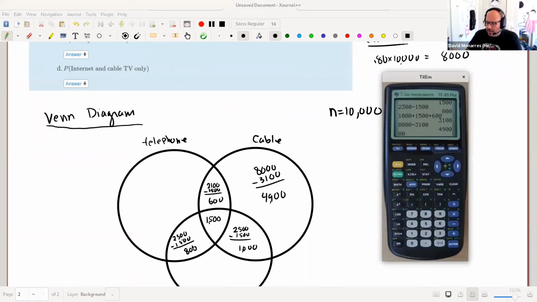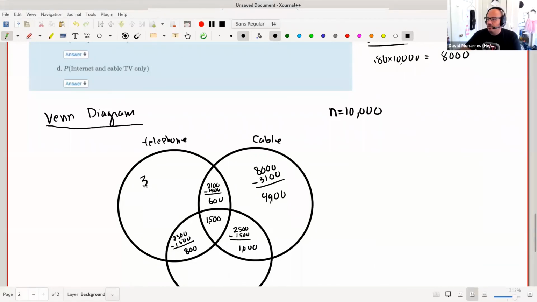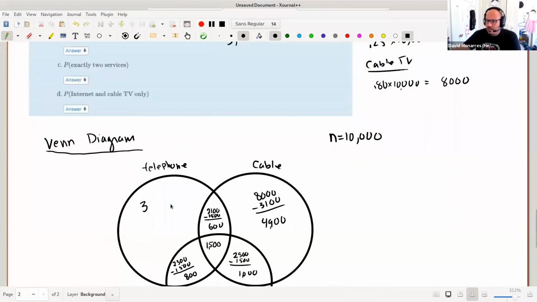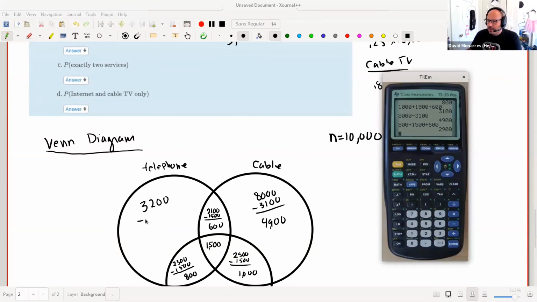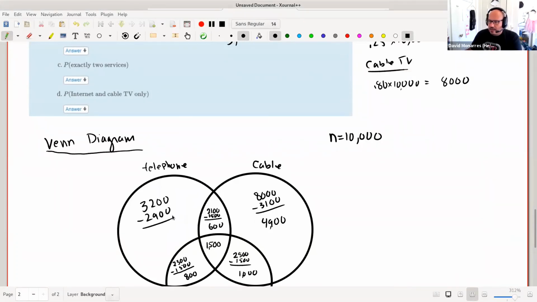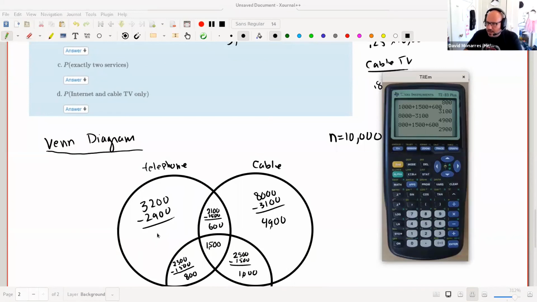So I accounted for the 800 who also use the other service, and the 1,500 that also use everything, and the 600 who have both telephone and cable. So that's 2,900. So I'm going to take that 3,200, and I'm going to take away all those people that I already counted. So this is 2,900 right there. And so we're going to take 3,200 minus 2,900, which equals only 300.